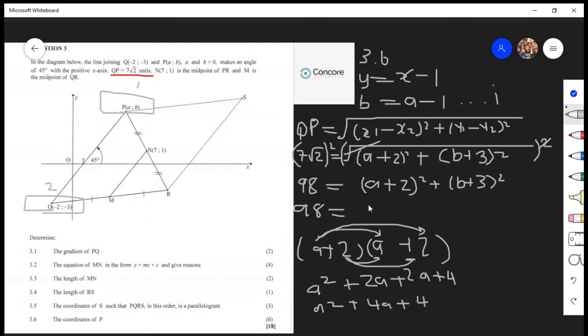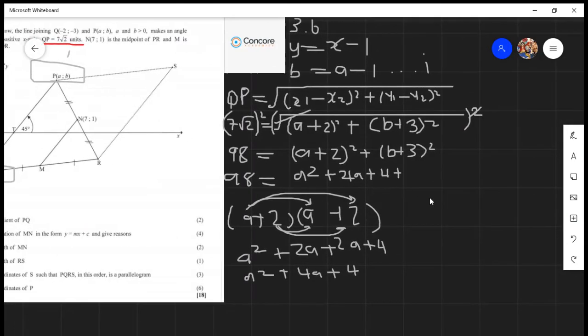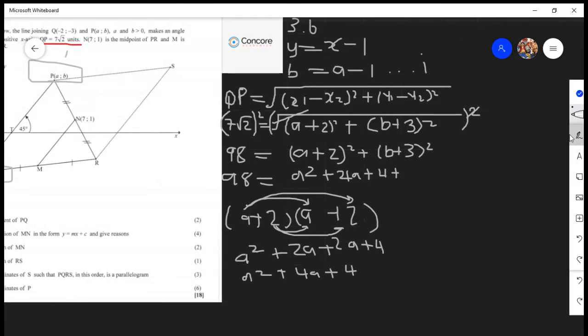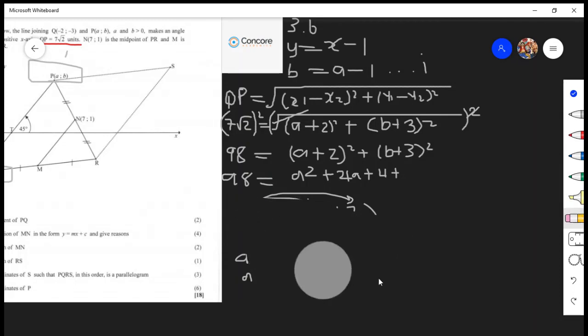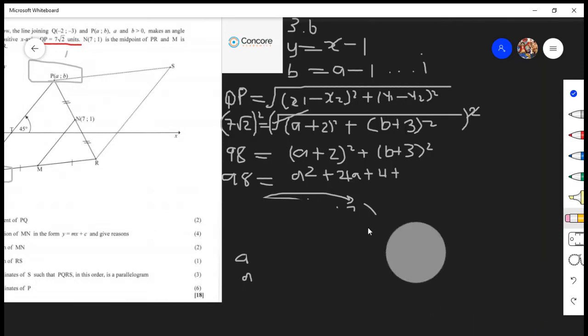So this will then become a squared plus 4a plus 4 plus, now the second part, right? Okay, so if you guys remember our equation 1, we had a value of b, which was a minus 1.